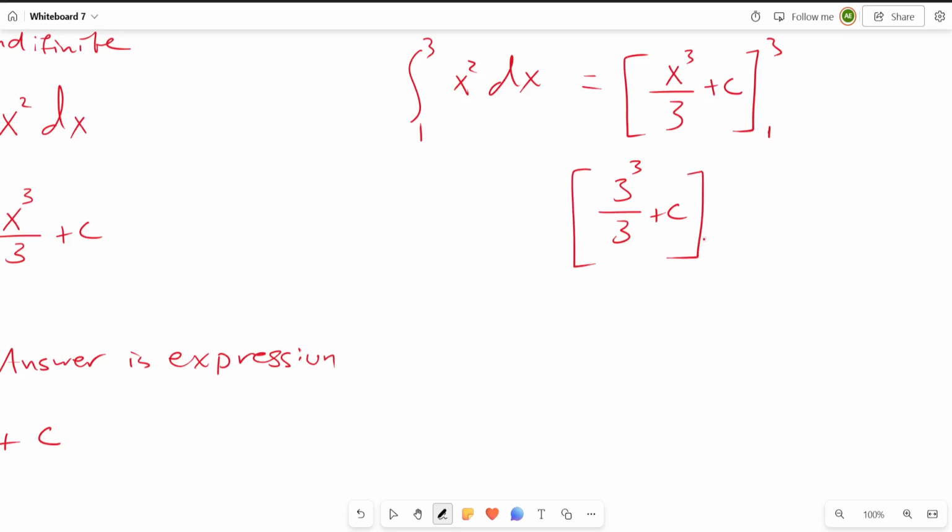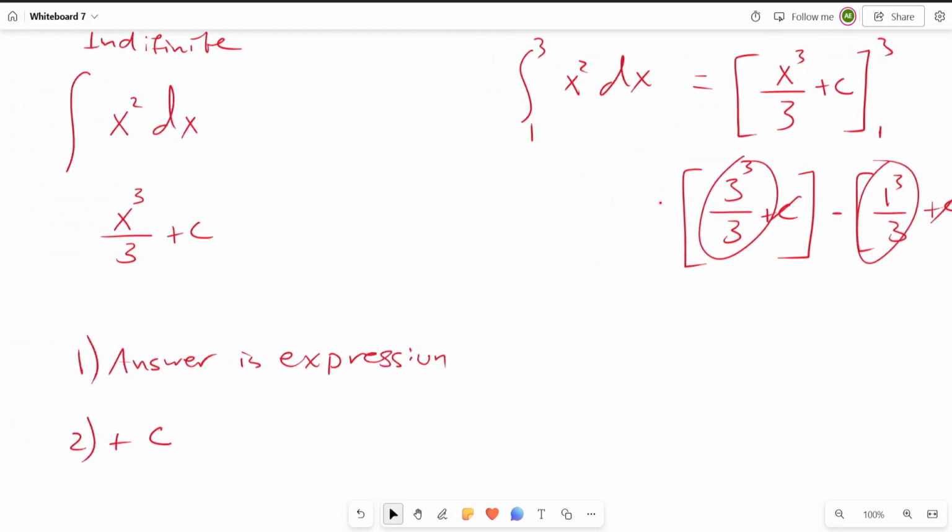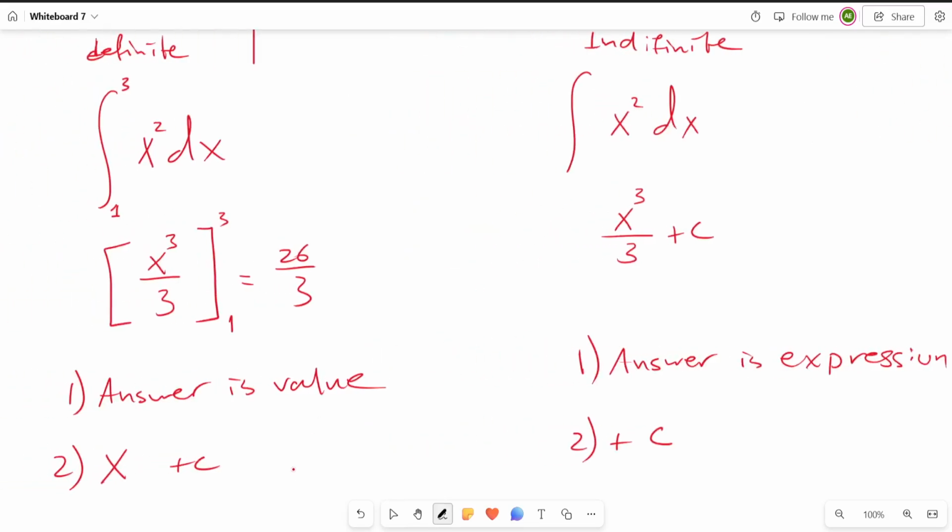And then we subtract the lower bound, so it's going to be 1 cubed over 3 plus c. So over here you can see that at the end we're going to have c minus c, so the c cancels, and it's only going to be this minus that. So that's why we don't include the constant of integration in definite integrals.